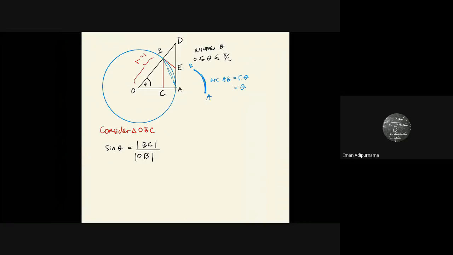The absolute value is just making sure that all are positive. So I can rewrite BC, because our OB is 1, the radius, so it will be sine theta.